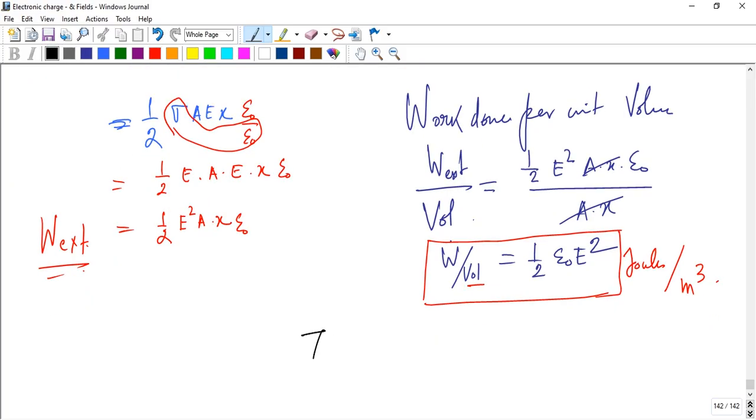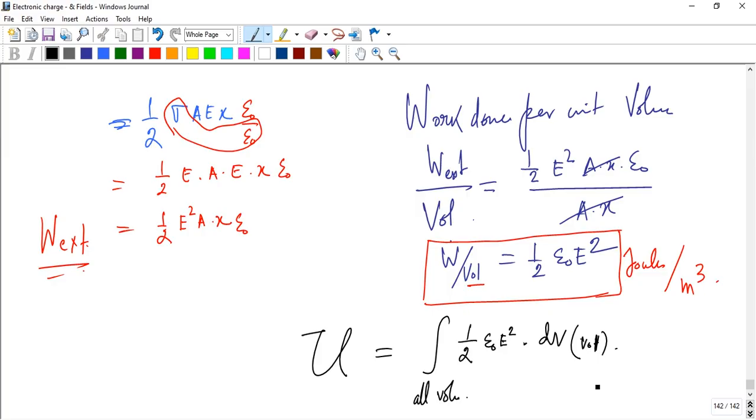So potential energy U is equal to the integration over all space, the volume, that is U equals half epsilon naught E square times the volume integral dV, where V stands for volume. That's the energy.